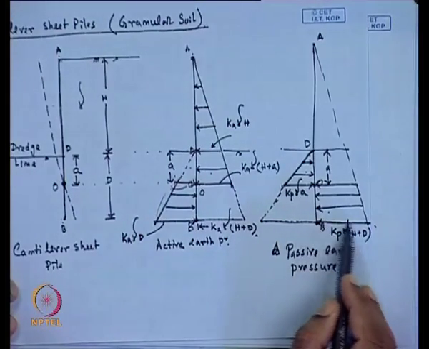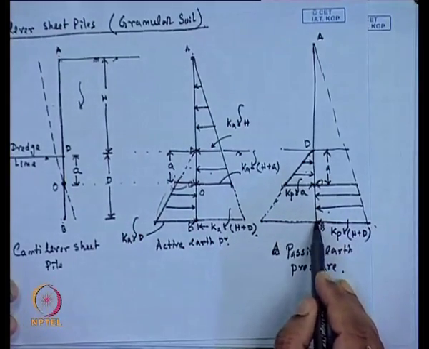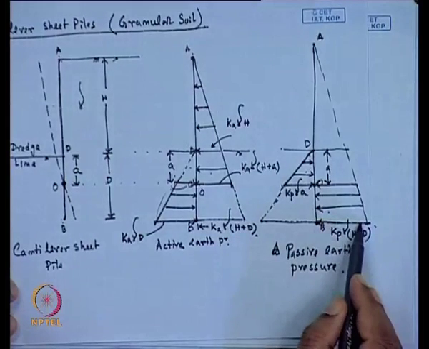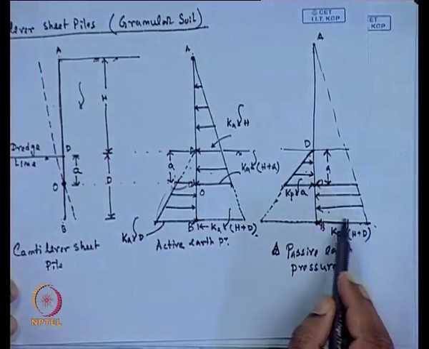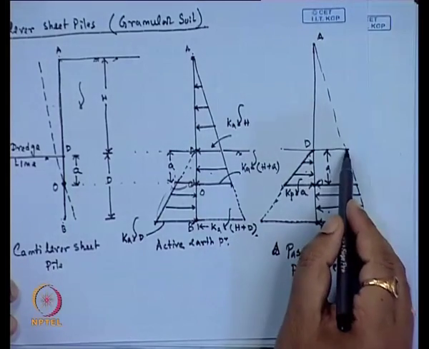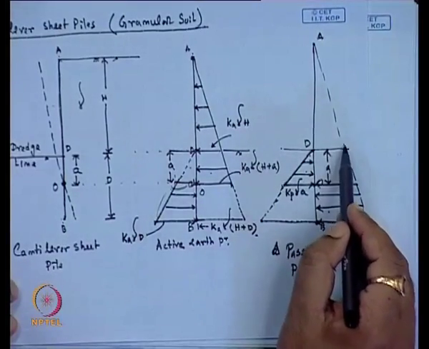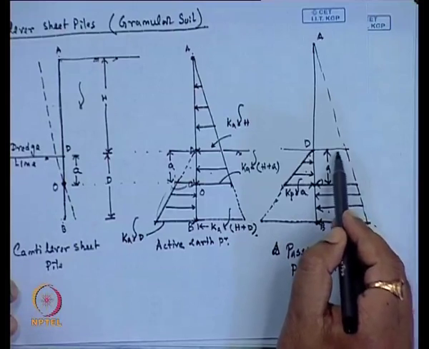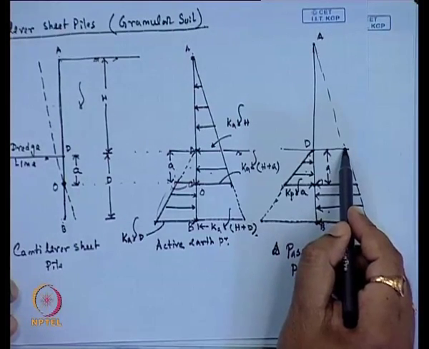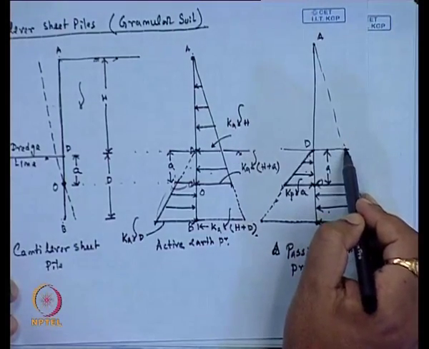So, this side the net pressure will exist, and similarly here, up to this point active pressure is increasing. So, this is the line straightforward we can draw.